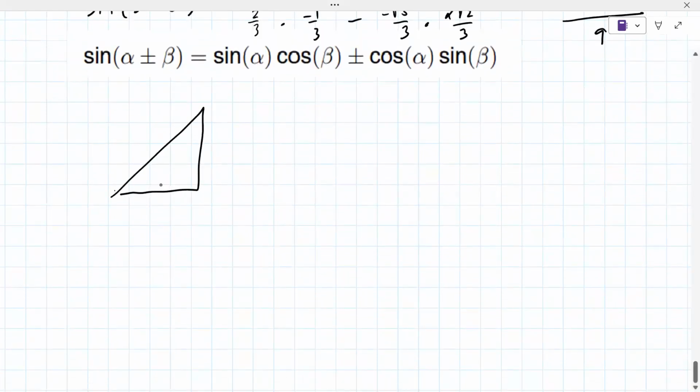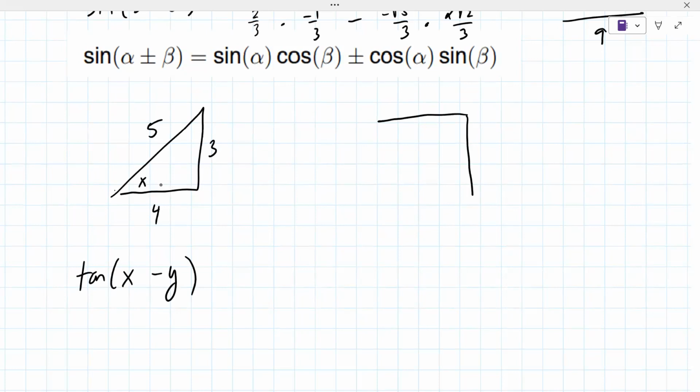Let's say, and I'll keep it in the first quadrant, this is 3, 4, 5, and we want the tangent of x minus y, and y is in the fourth quadrant, and we'll just do the same thing: 4, -3, 5. Okay, so let me grab the formula for that.